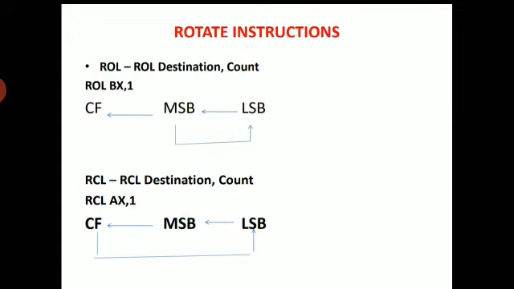ROL means rotate left. Its syntax is represented as ROL destination comma count. We have to give a count like 1, 2, that is, how many times we have to rotate is given in the count. See the example, ROL BX comma 1. BX is a 16-bit register, 1 is the count. So we have to rotate once.